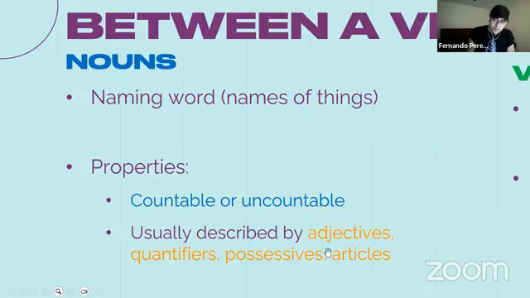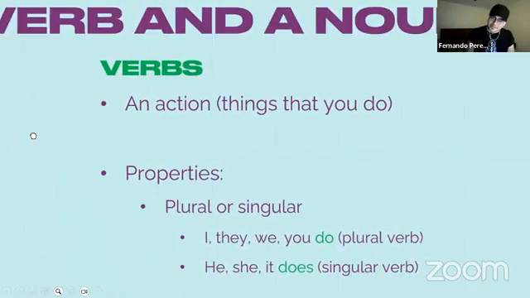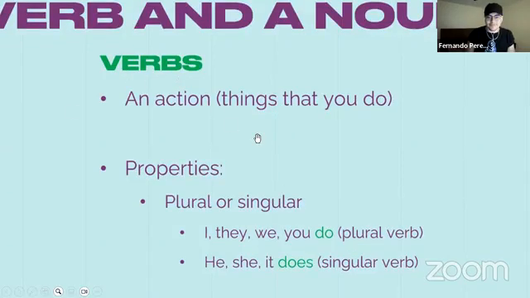So these words help you identify nouns. This is going to be very important because nouns, if you remove or change syllables, can be transformed into verbs. A verb is an action, like the verb do, the auxiliary does, play, go, run, study, etc.